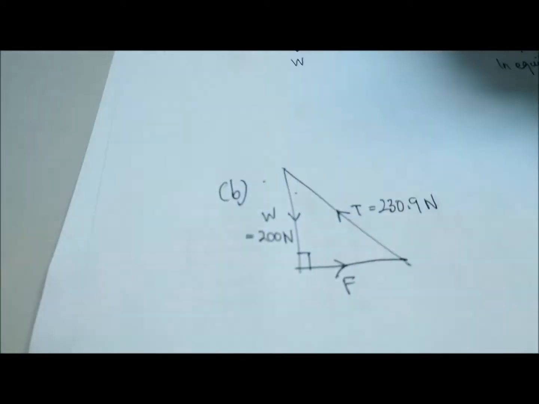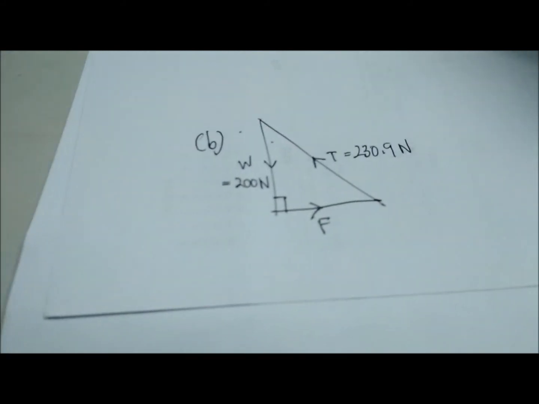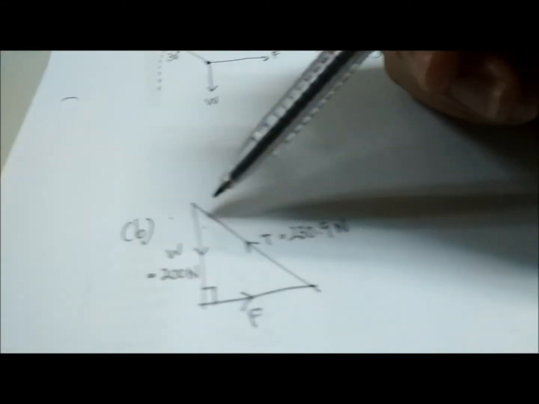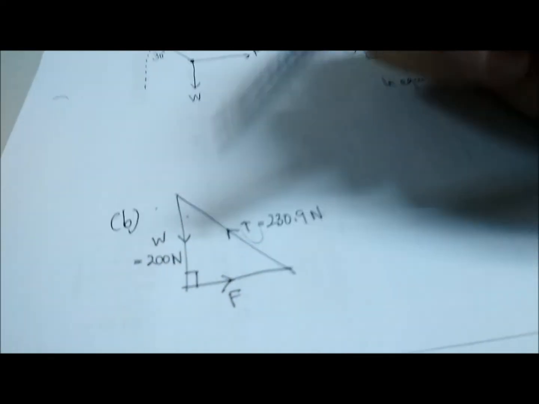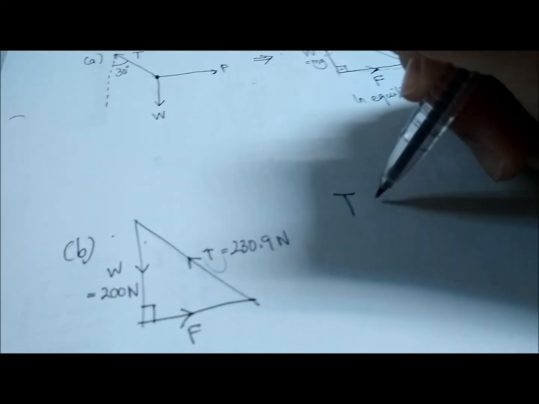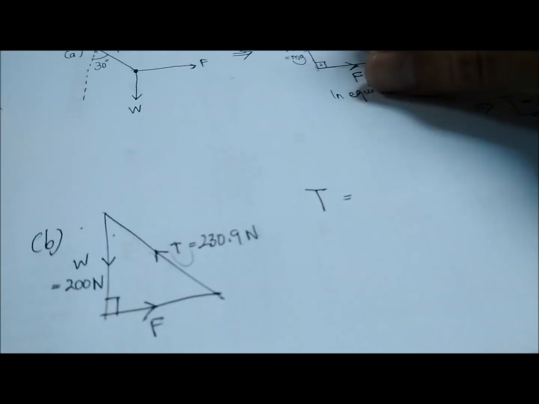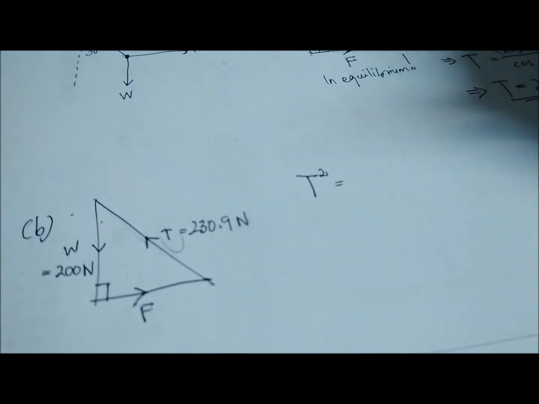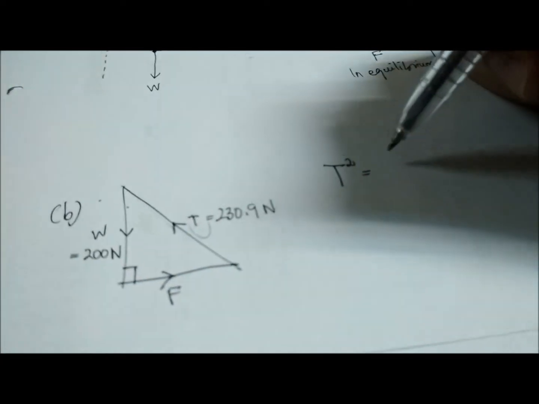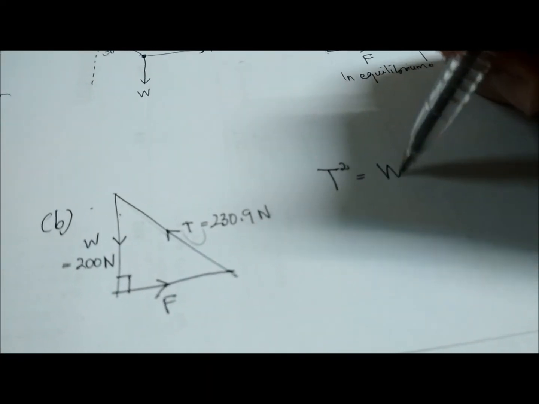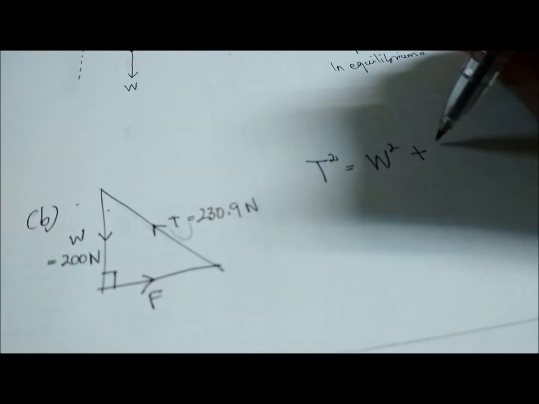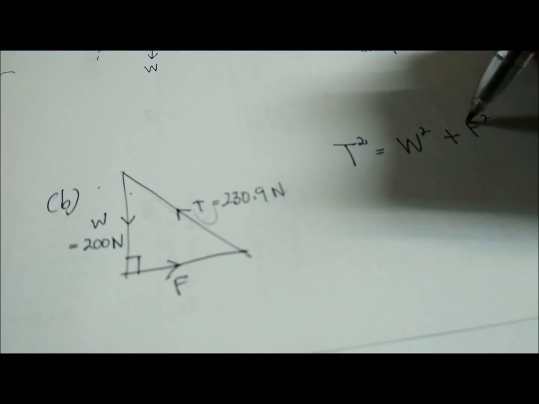So for the Pythagoras theorem, in this case the hypotenuse is T, right? So T square is equal to W square plus F square.